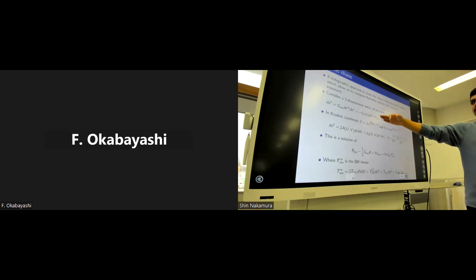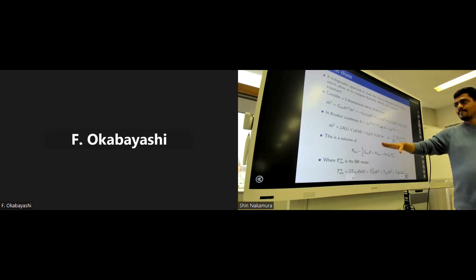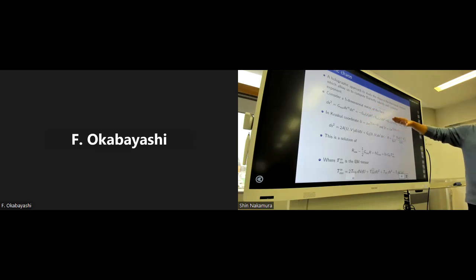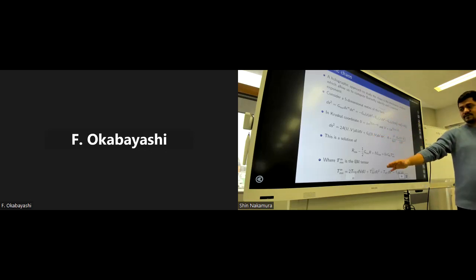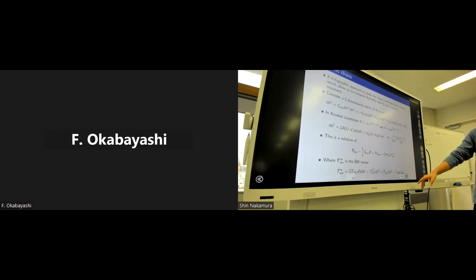Let's consider this as an example of the metric. You write this metric in terms of the Kruskal coordinates. You can write this one in this way, where A is defined in this way. This is a solution of this Einstein equation, where this is the energy-momentum tensor.